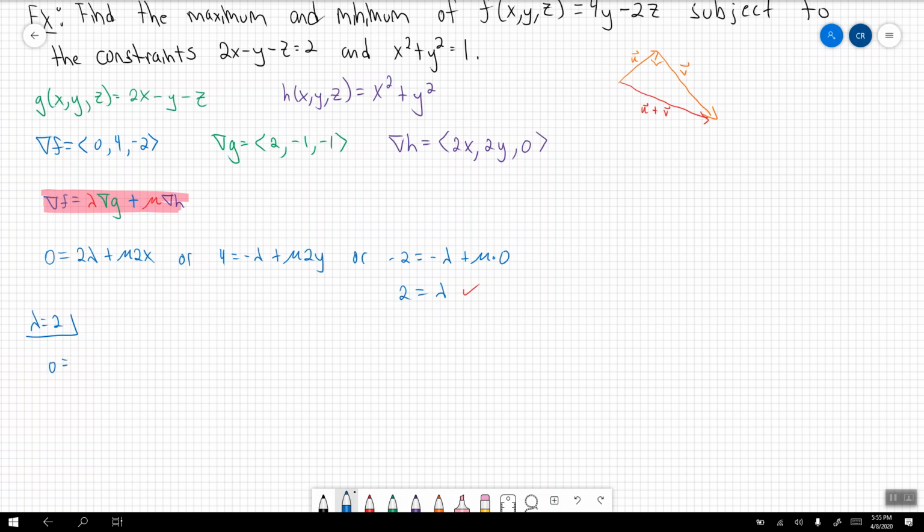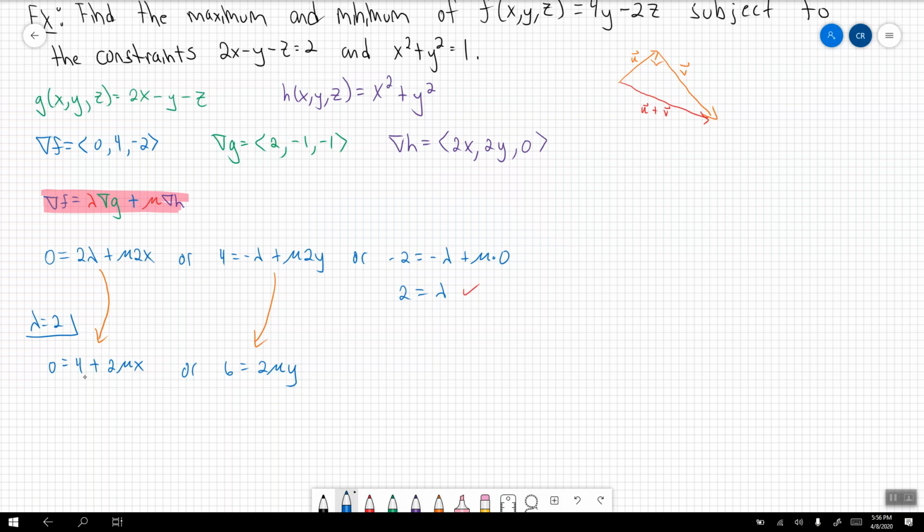So for the first equation here, I get 4 plus 2 mu times x, that's going to be negative 2 because I inserted lambda, and for the second equation, it's going to be 6 is equal to 2 mu y. All right, so let me solve for x here.